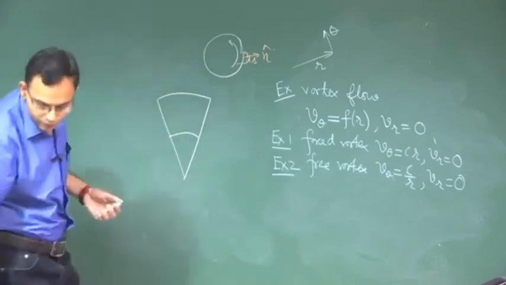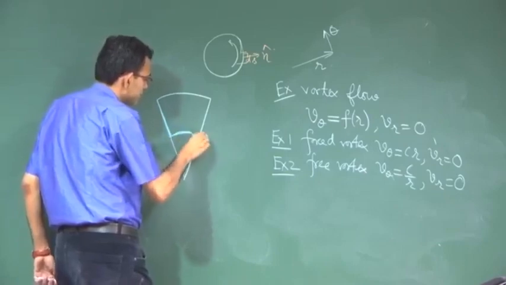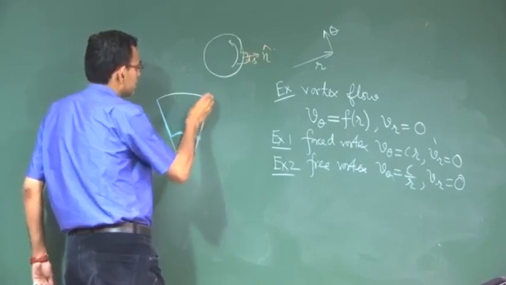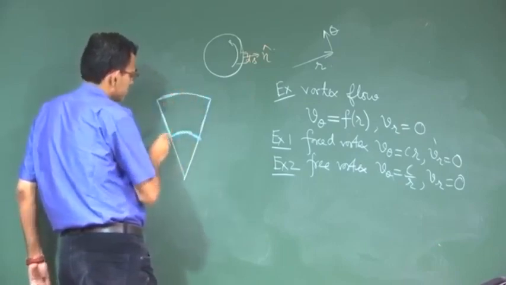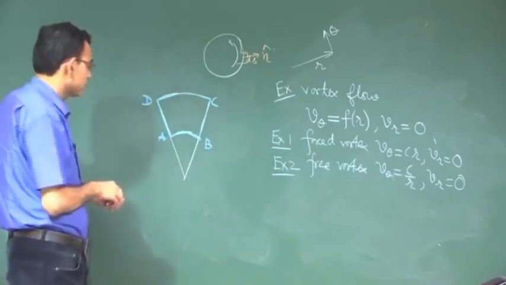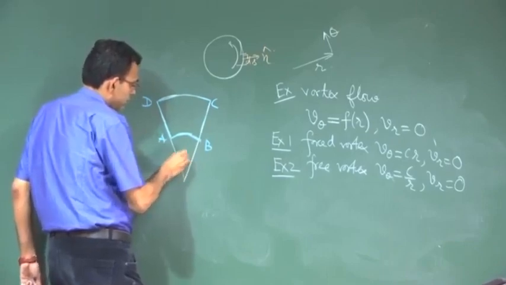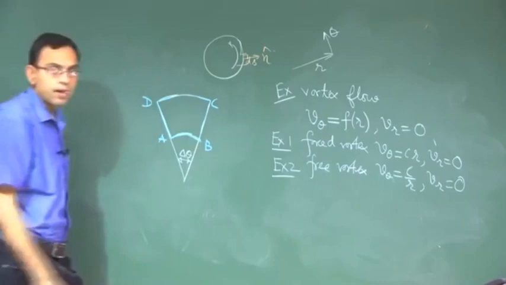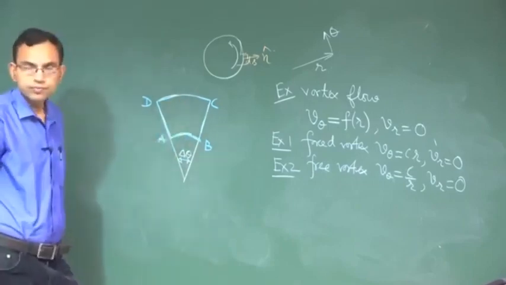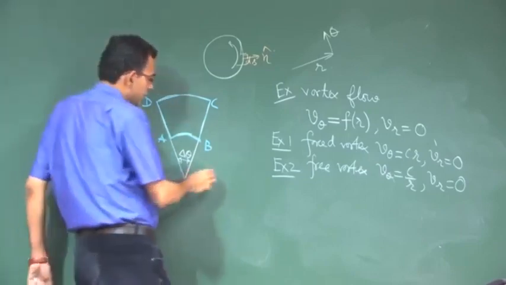Because it is a cylindrical system, we take this ABCD as the closed contour and perform the contour integral of v dot dl.